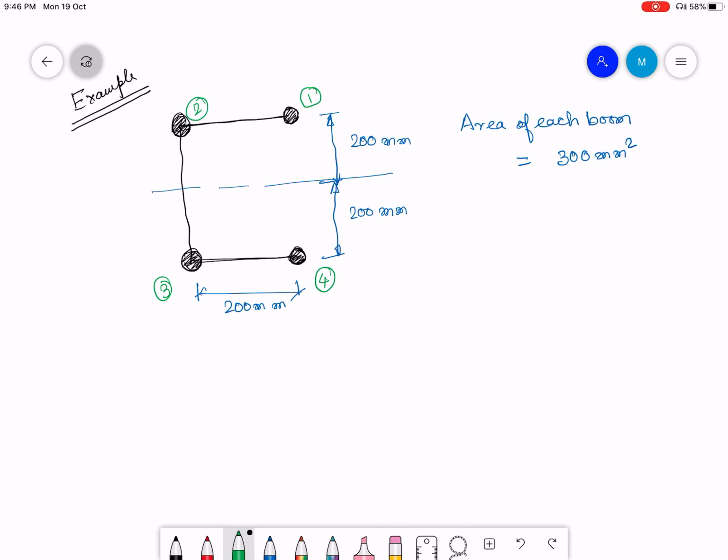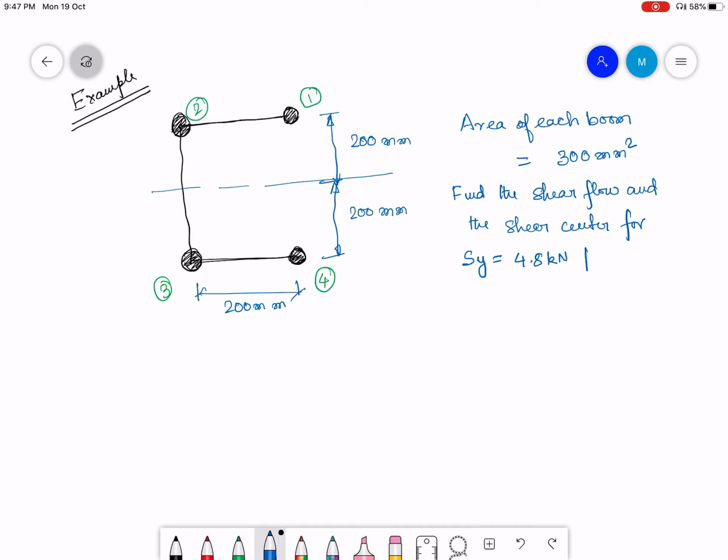The question asks to find the shear flow and the shear center for Sy equal to 4.8 kilonewton passing through the shear center.